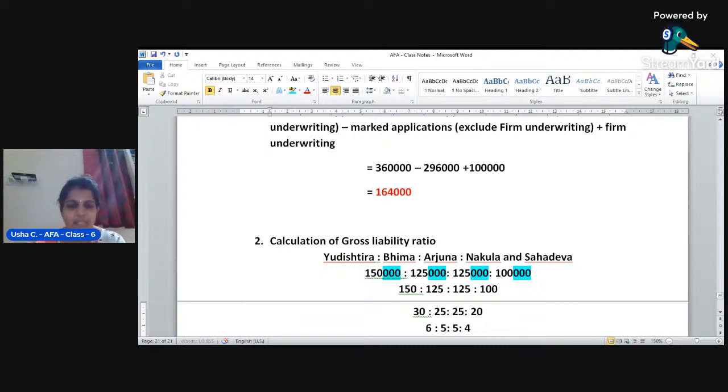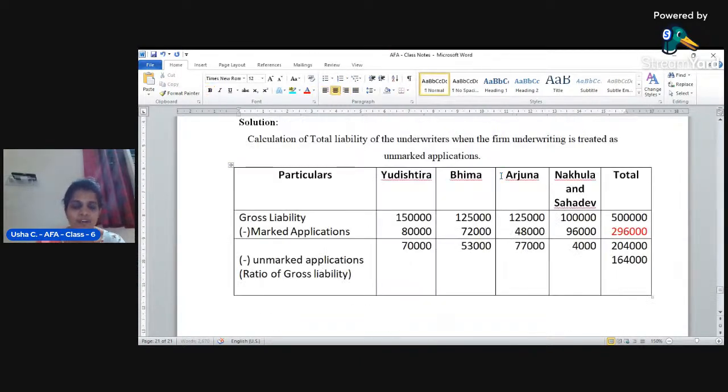Means now this gross liability ratio is 6 is to 5 is to 5 is to 4, and this gross liability ratio can be distributed for the unmarked application in the ratio of 6 is to 5 is to 5 is to 4. Now, how to distribute this 1,64,000?